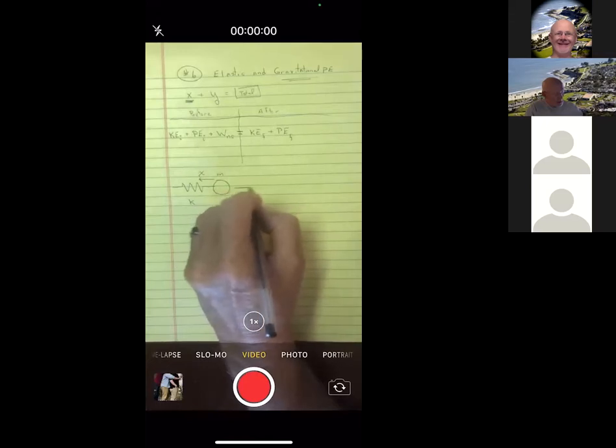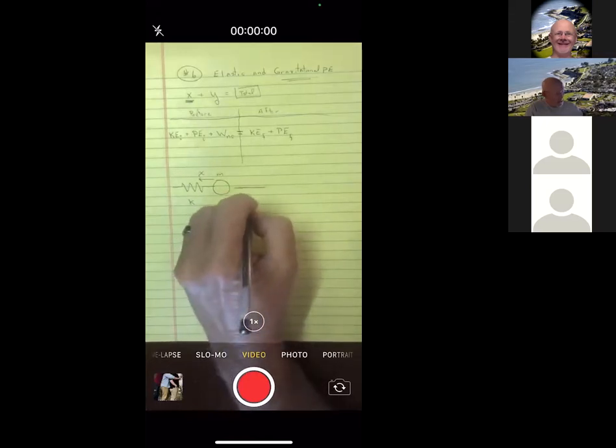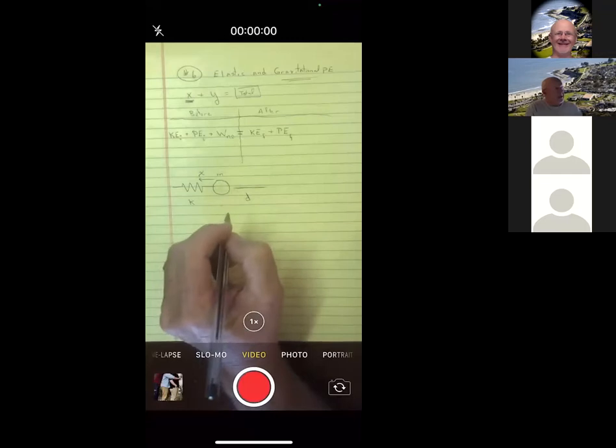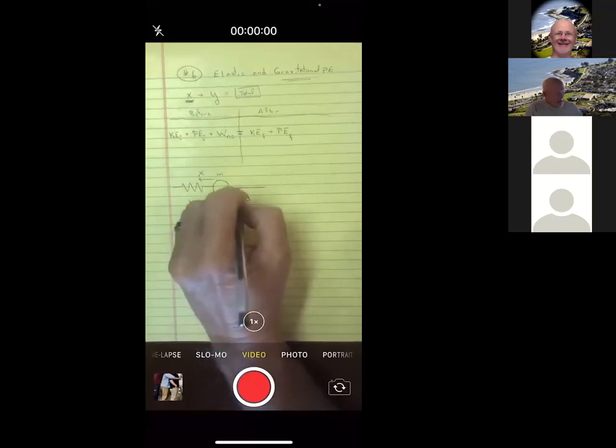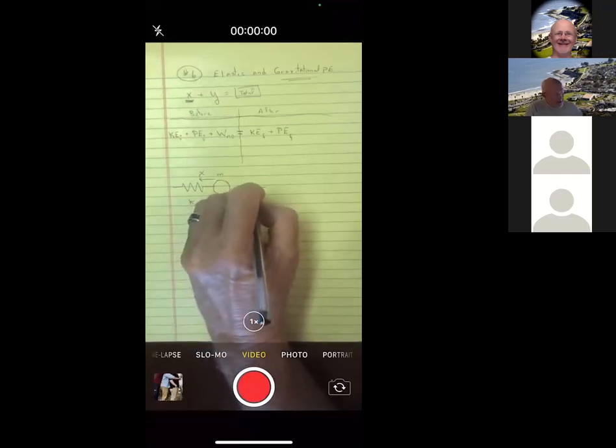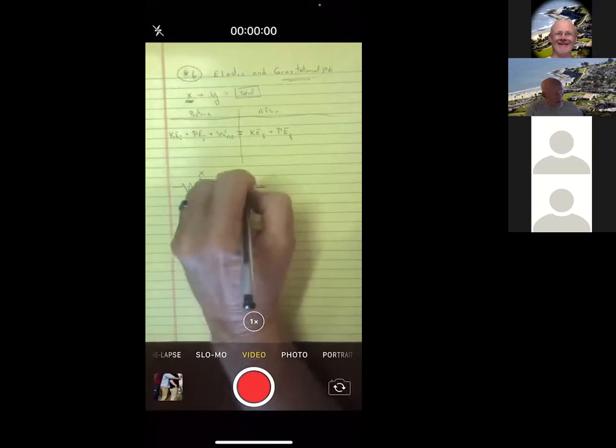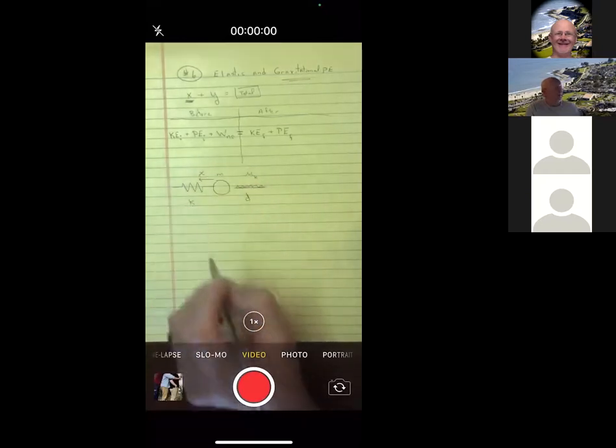So it slides along for a distance D. And maybe I'll make it a rough surface. So it has a coefficient of friction.